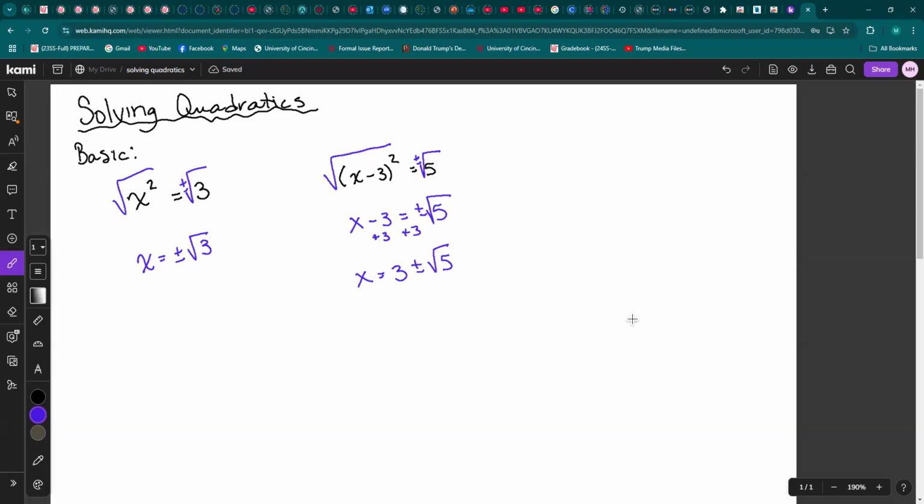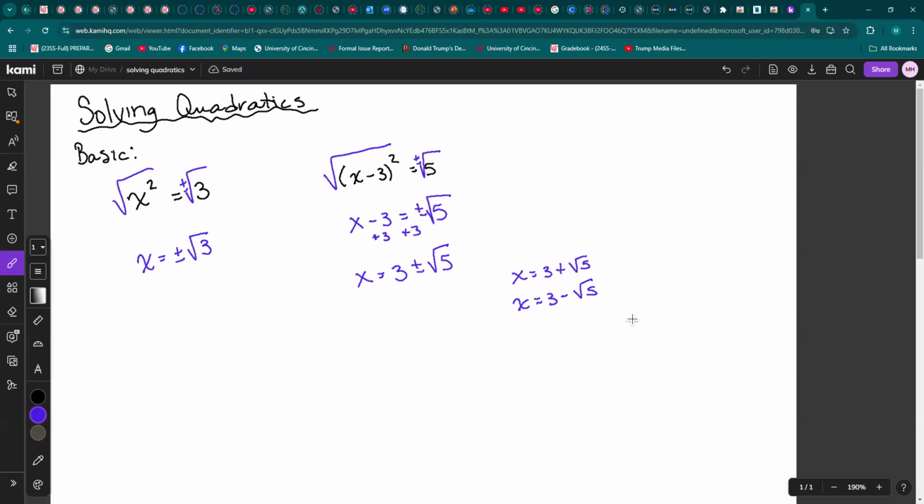So there's two answers. There is x equals 3 plus the square root of 5, and I can't combine them because one is a plain old number and one is a square root. And then x equals 3 minus the square root of 5. So two answers. I can usually write it shorthand with that plus or minus.